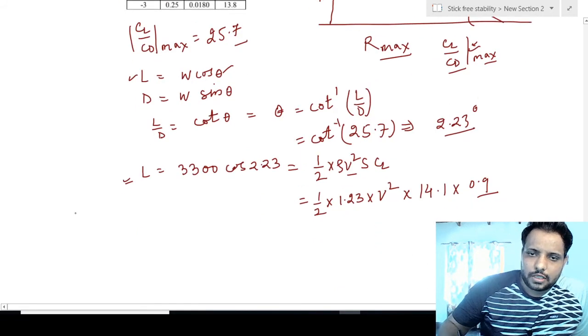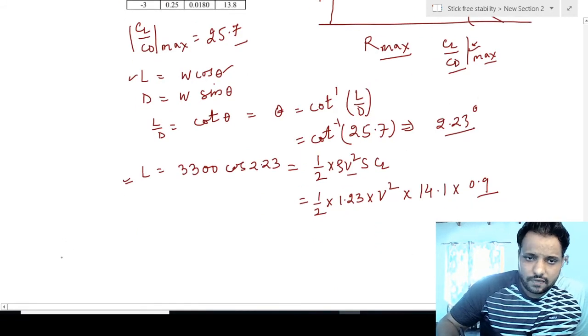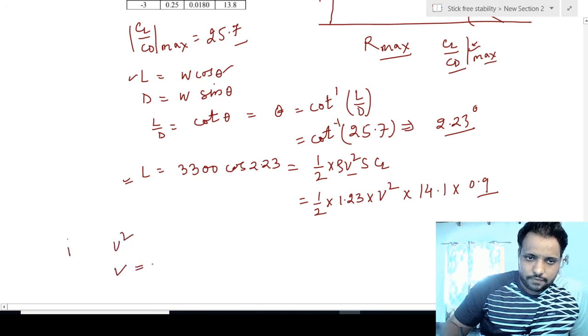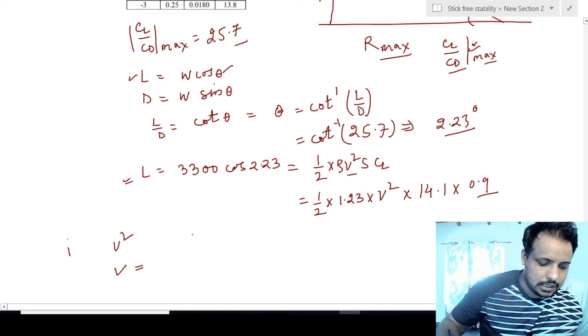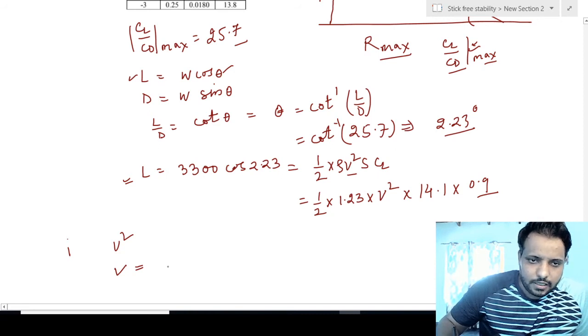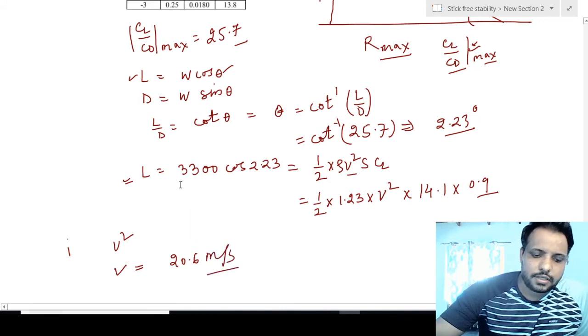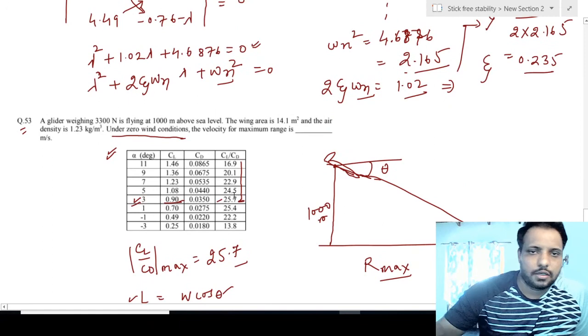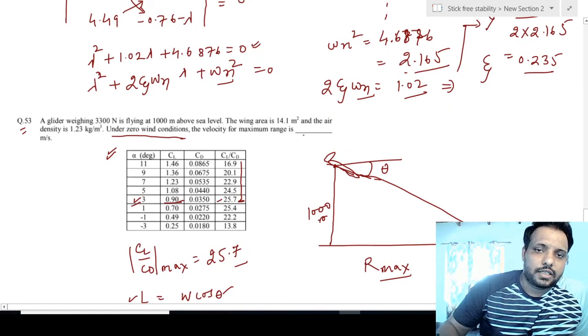If I solve this equation first for V square and then for V, the answer which I get is 20.6 meters per second. So 20.6 meters per second is the velocity required for the maximum range.